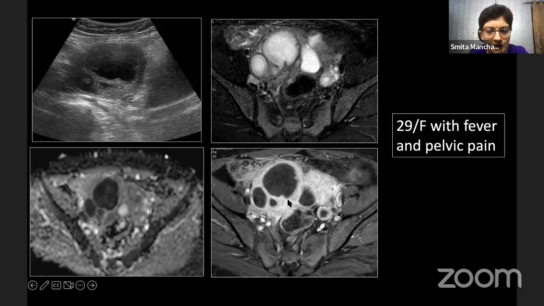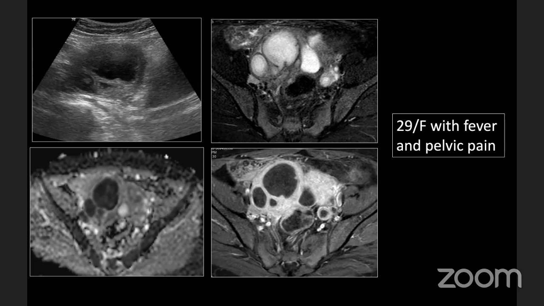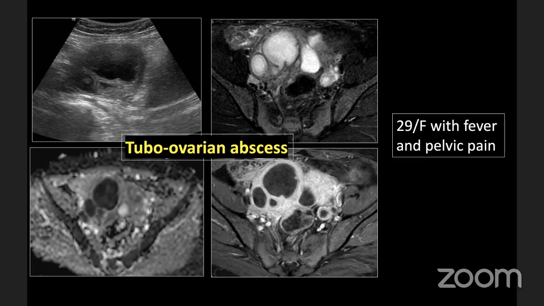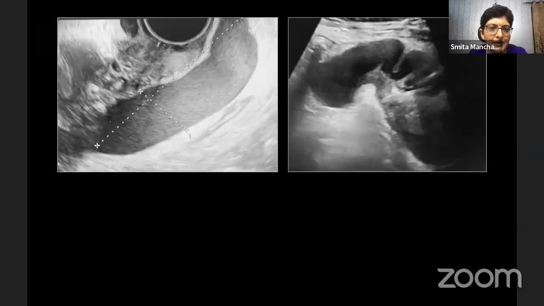Some of them are irregular, and there is extensive diffusion restriction, fever, and pelvic pain, reproductive age group. There is a response, PID, by Dr. Anushri. Yeah, so tubo-ovarian abscess or PID.